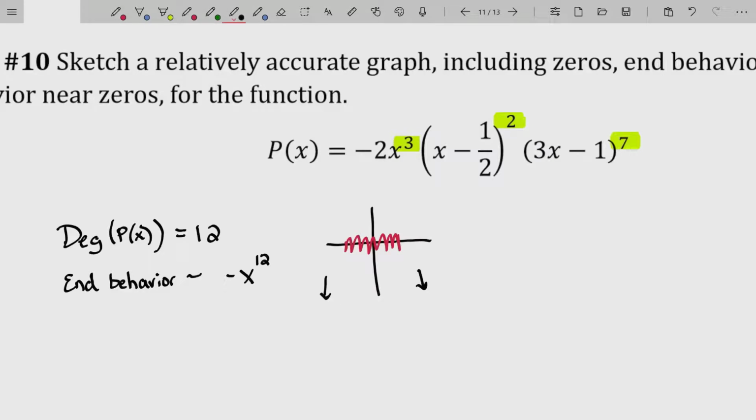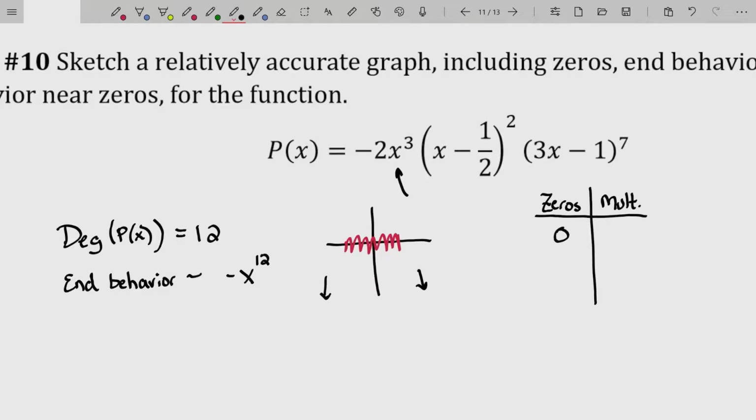So I'm going to make a little table. Zeros versus their multiplicities. And I'm just going to read this from left to right. You look at each factor and ask yourself, what would turn that factor into 0? For example, that factor right there would turn into 0 at x equals 0.